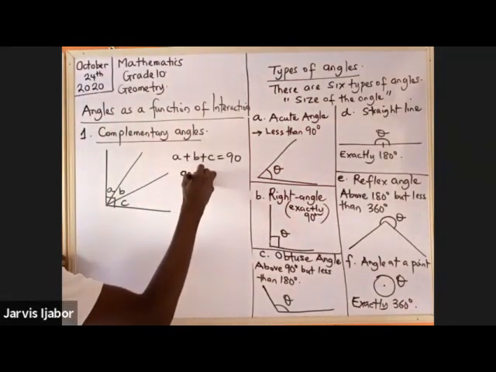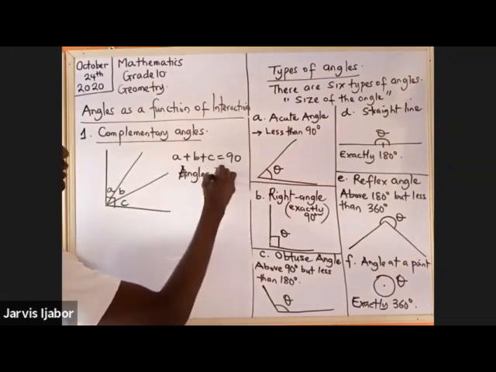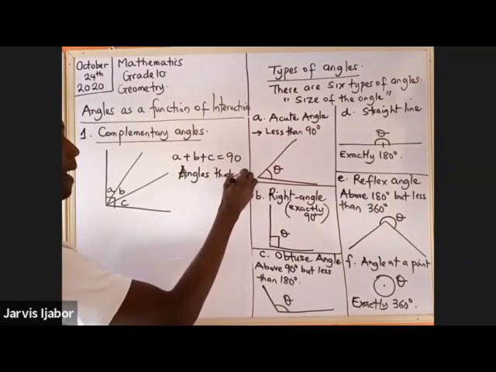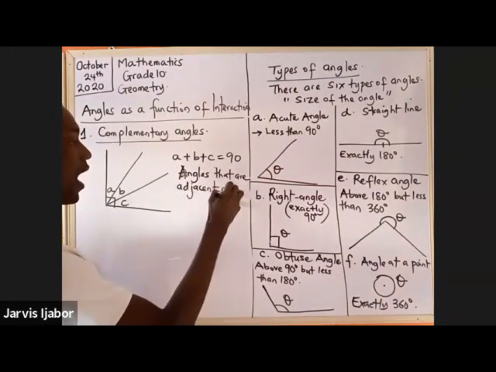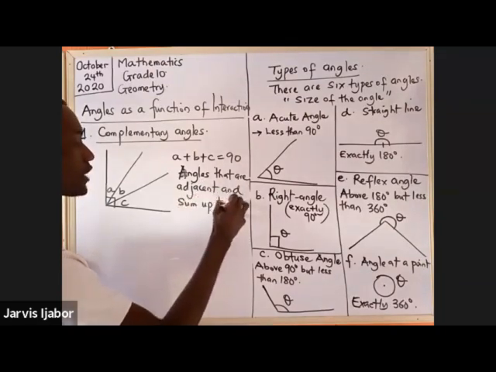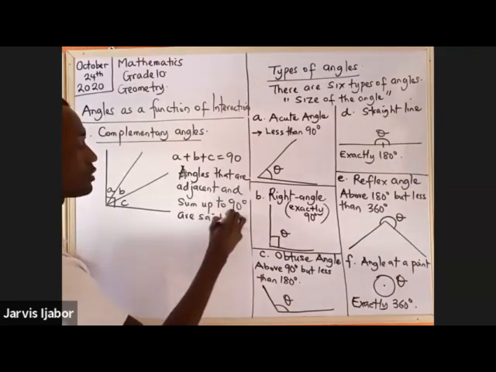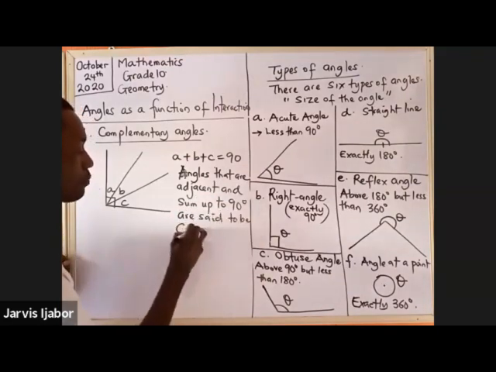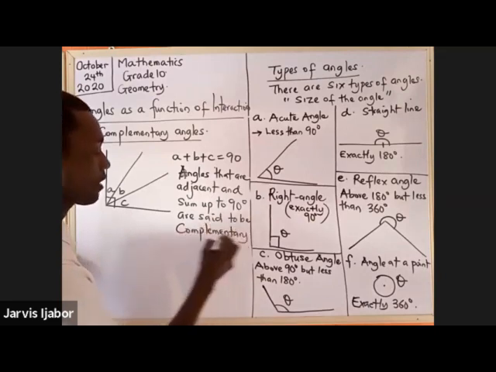So angles that are adjacent and sum up to 90 degrees are said to be complementary angles.